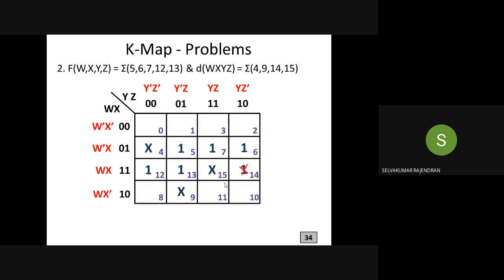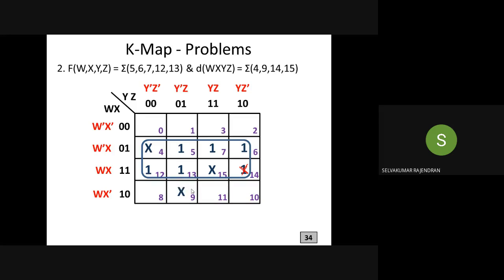Now, how to group this K-map? You can try to group 8 cells, from 4 to 15. You can do the group like this. Here you can ignore the 9th cell because it is a don't care.